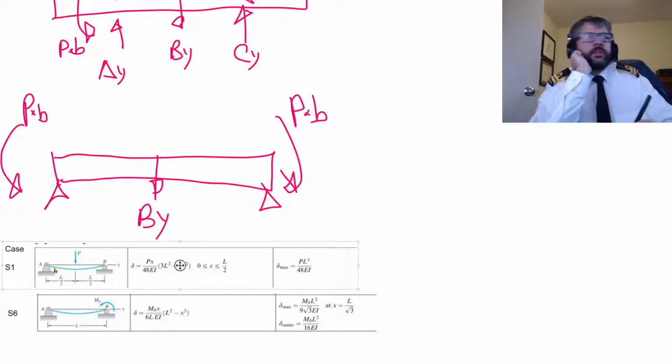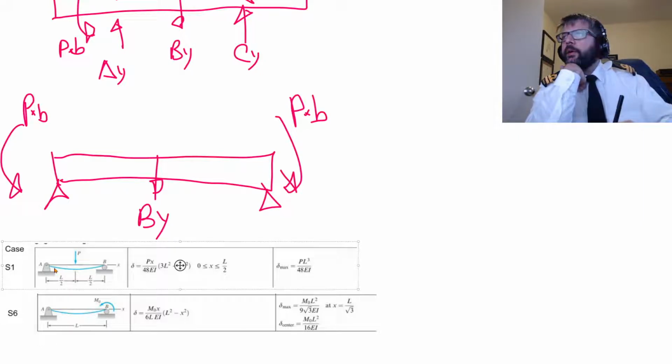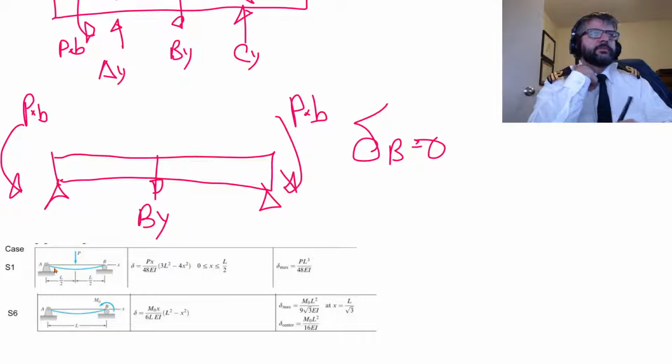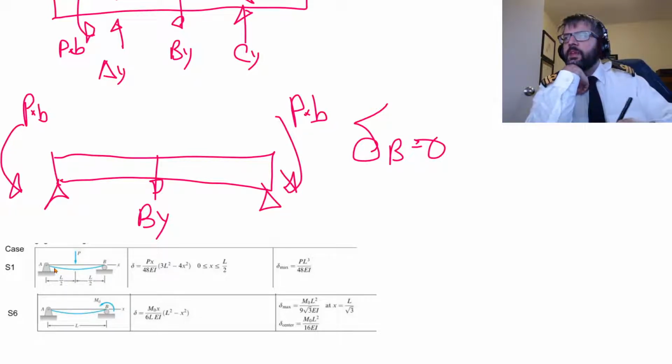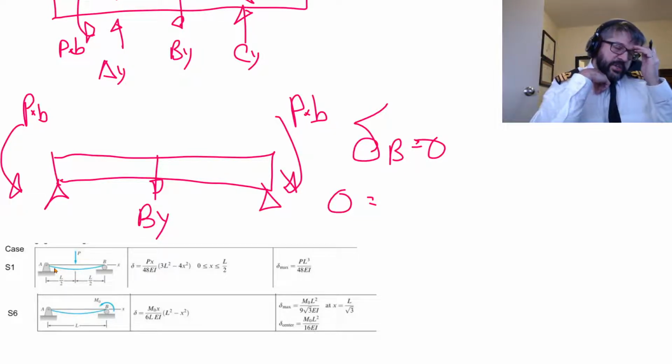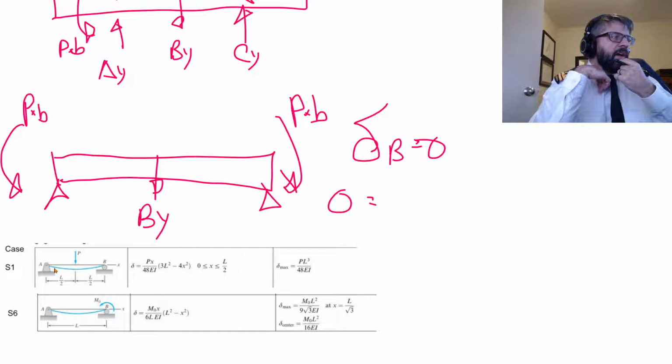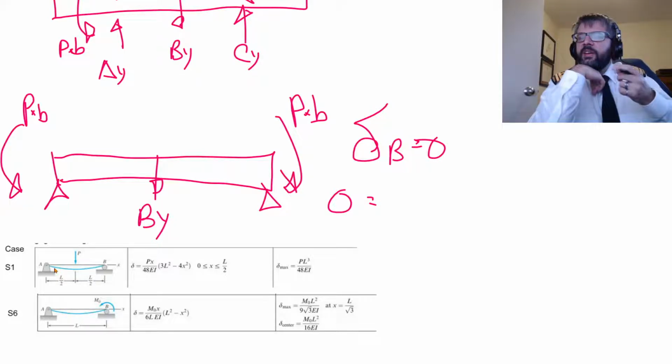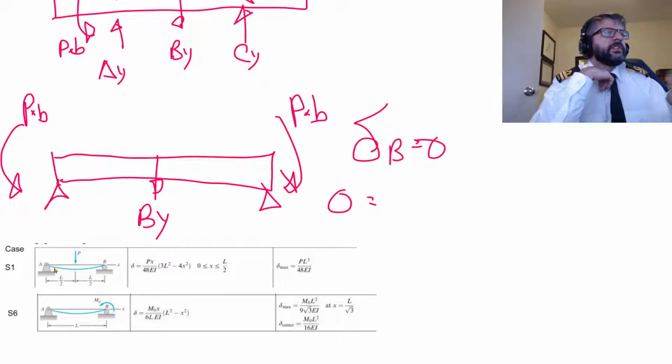Essentially, the condition that's going to prevail here is just our displacement at B needs to be 0. So our displacement at B needs to be equal to 0. So 0 is equal to, again, I'm going to be keeping with the convention that downward is positive.